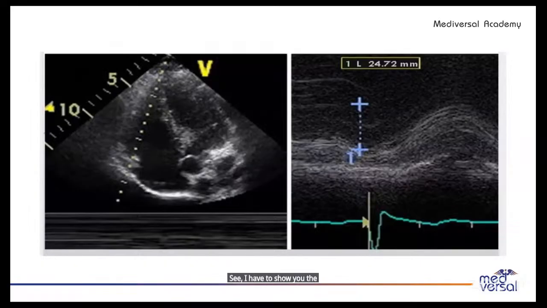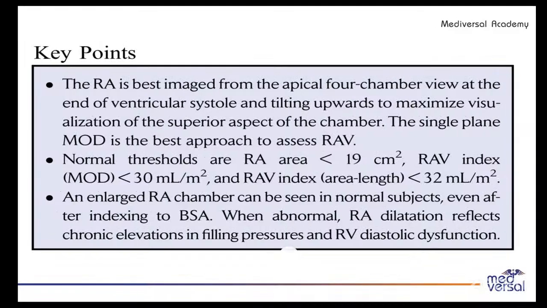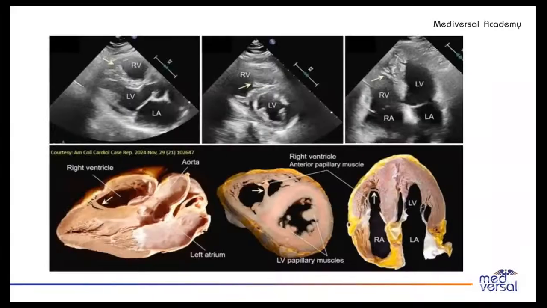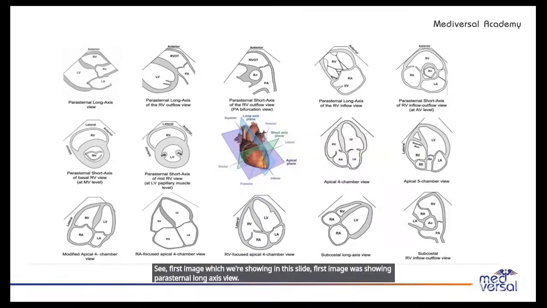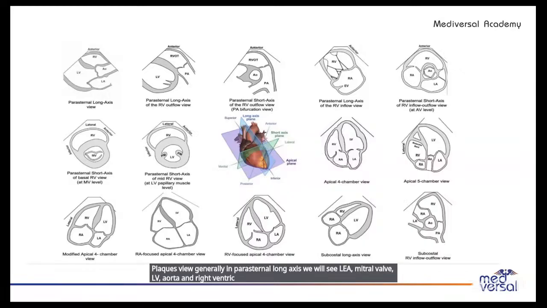The first image in the slide was showing the parasternal long axis view. Generally in parasternal long axis, you will see the LA, mitral valve, LV, aorta, and right ventricular outflow tract.